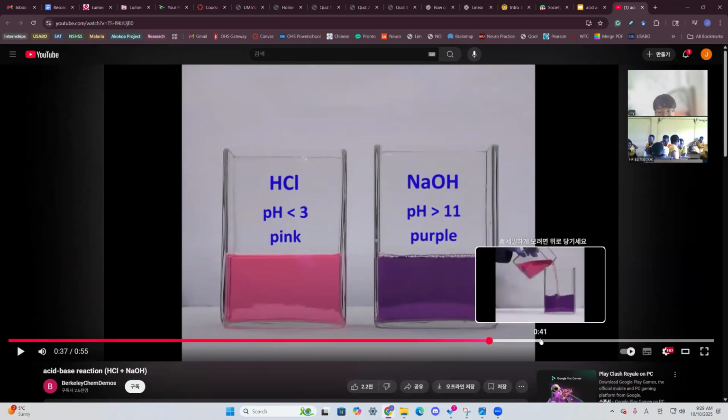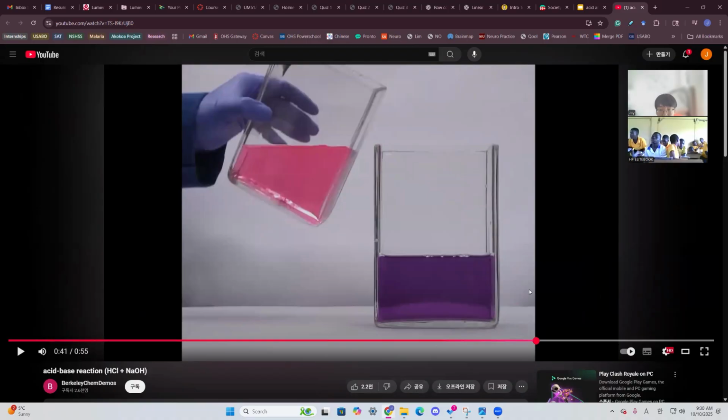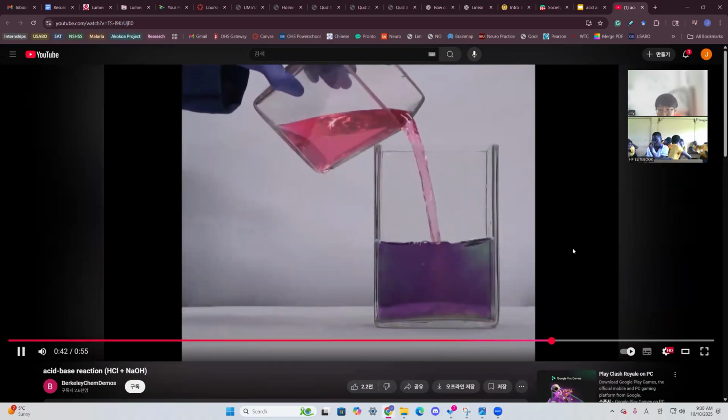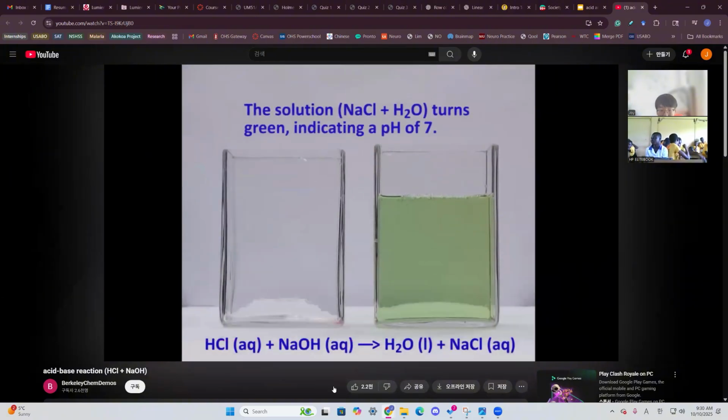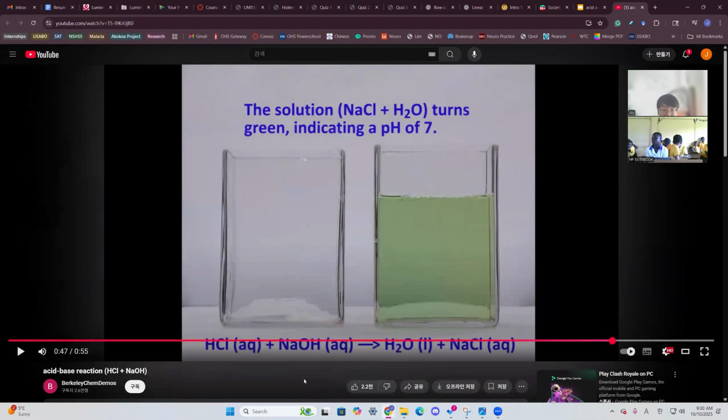Now the cool part is that when you mix these together, see, he's pouring these together, it turns green. This green solution actually indicates a pH of 7, which is neutral.